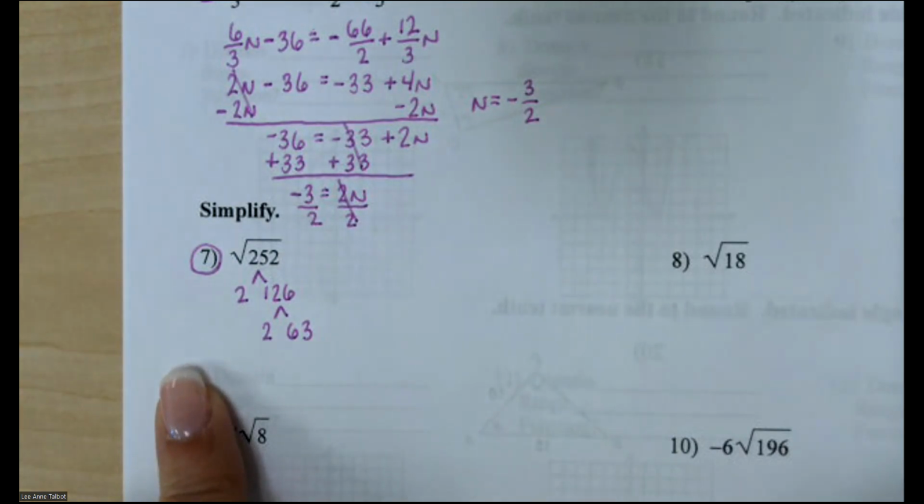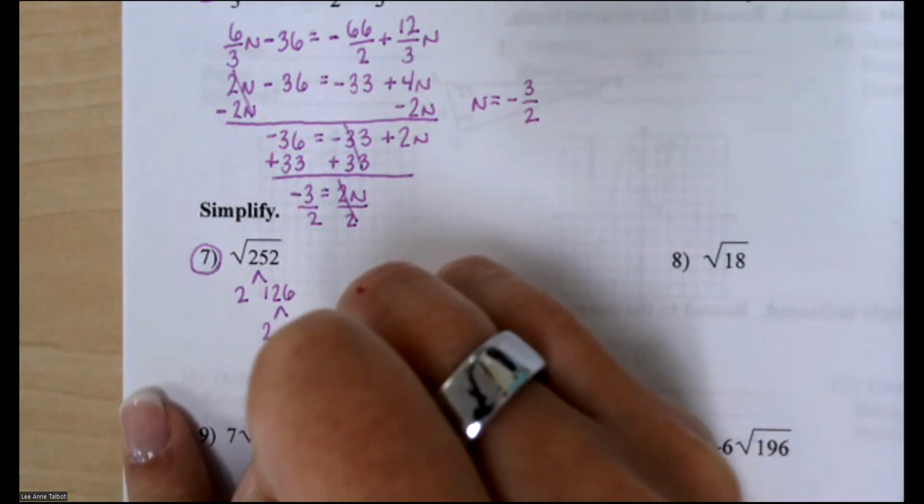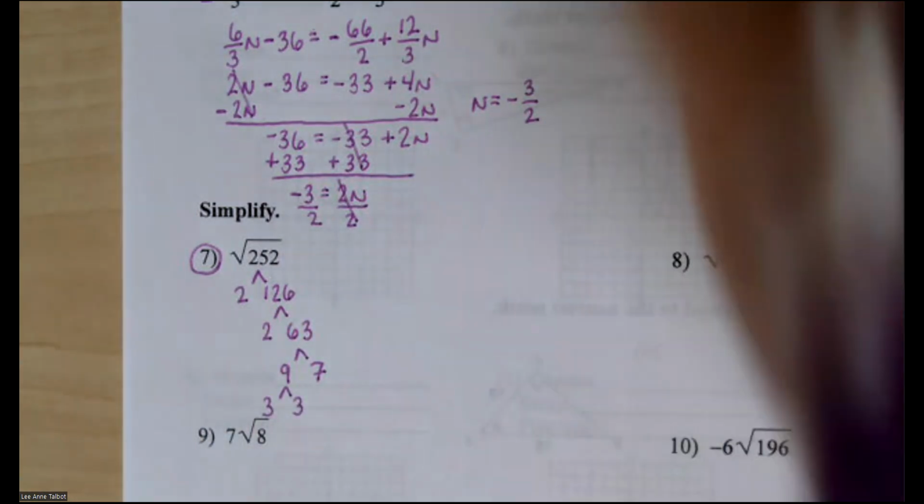I could do that one in my head. 63 is 9 times 7. 9 is 3 times 3. Okay. I'm going to ask you a very fancy question from 4th or 5th grade. What is the prime factorization of 252?